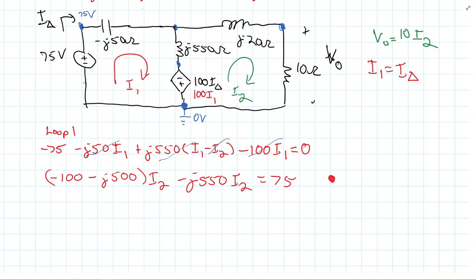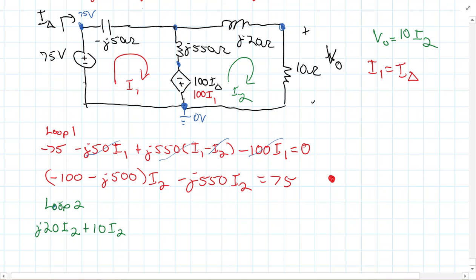Now we'll go ahead and do loop 2. I'm just going to start at the j20 inductor. So I have j20 I2 plus 10 I2.